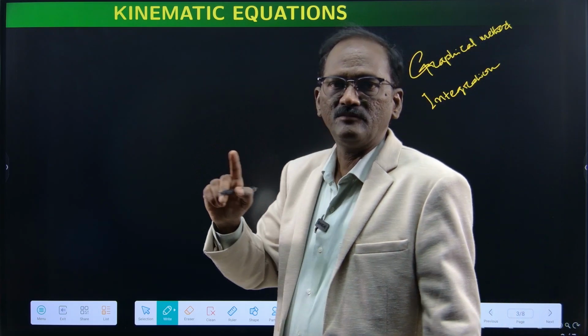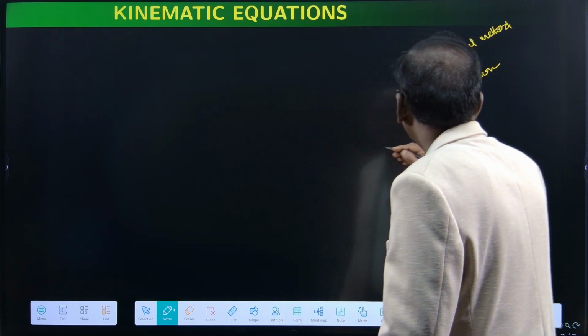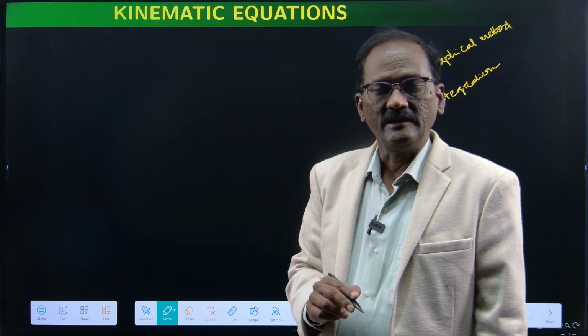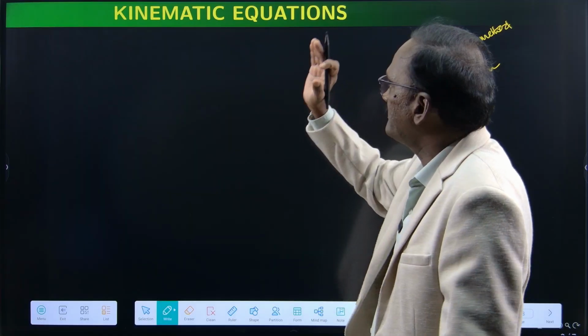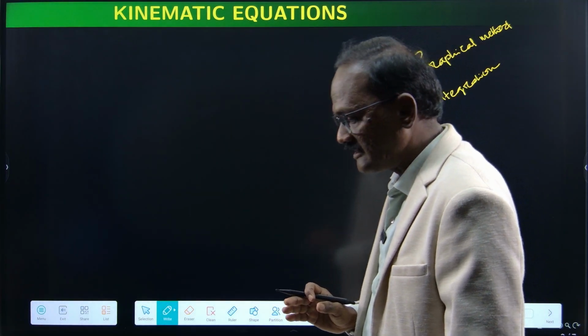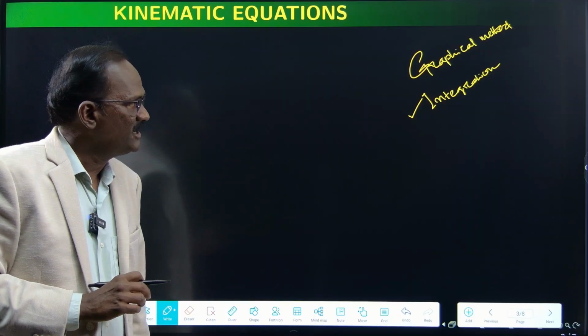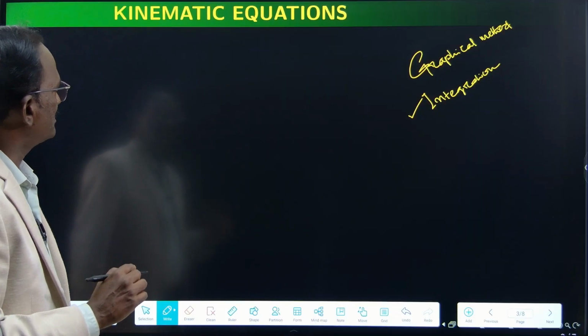The proof of kinematic equation can be done in both ways, but we will be taking the integration method. In this method, we are going to see the proof of kinematic equation. So before going to see the proof, let us see what are kinematic equations.